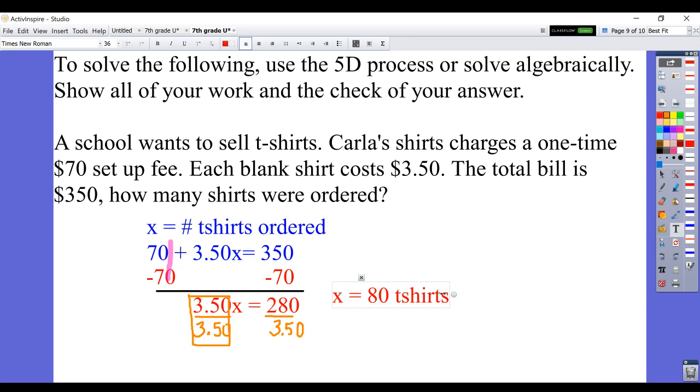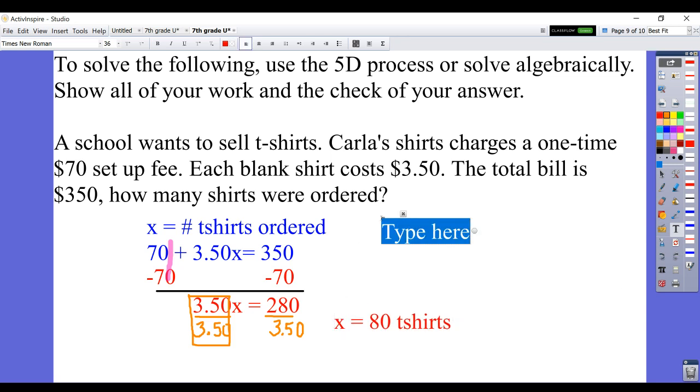Again, I need to make sure, though, that I'm showing my check. So my check would be writing down that original equation, 70 plus 350 times x equals 350. Only I'm going to replace the x with what I think the correct answer is, which is 80.